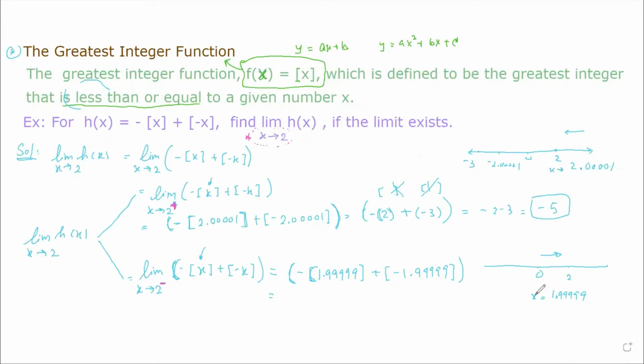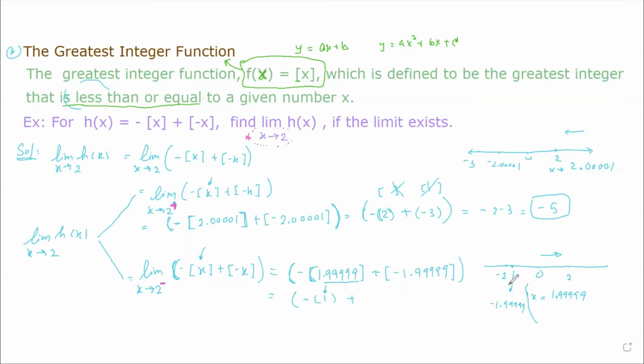Then the integer less than 1.9999 is what? Should be 1, correct? So this one open bracket 1, and when you read it here it's going to be 1. Then this one is what? Plus. Then if negative 1.9999, it's going to be on this side, correct? For example, this one negative 2, so negative 1.99 is somewhere here, right? This one is going to be negative 1.99999.